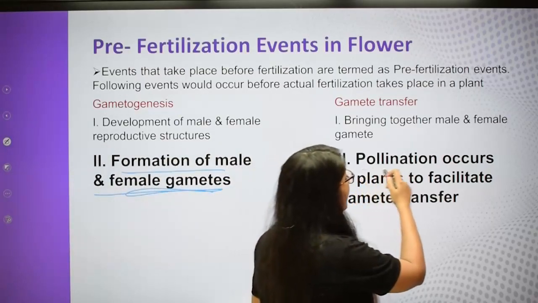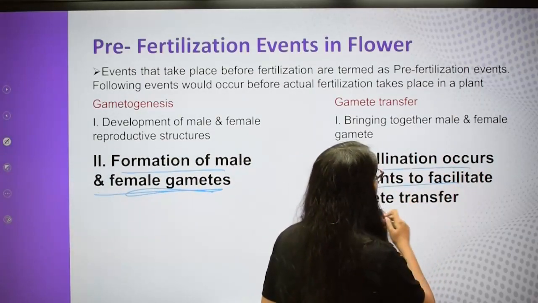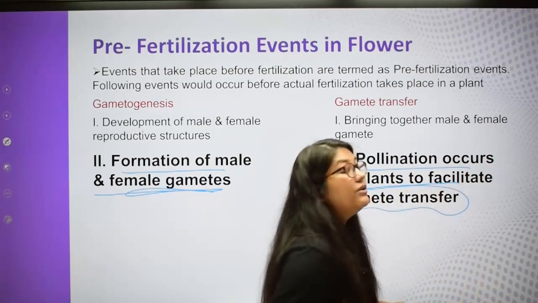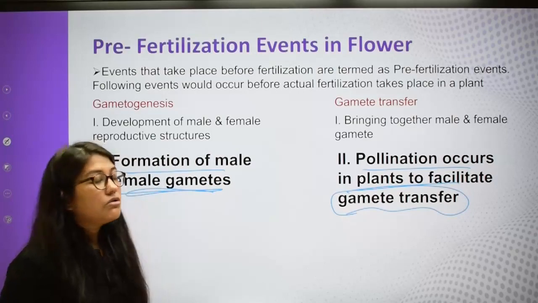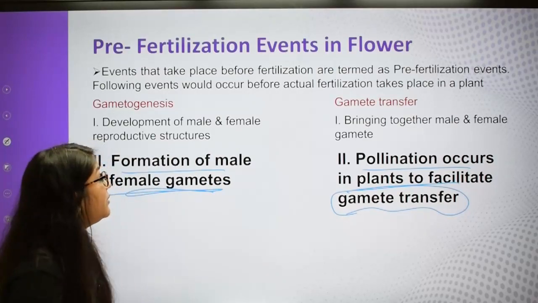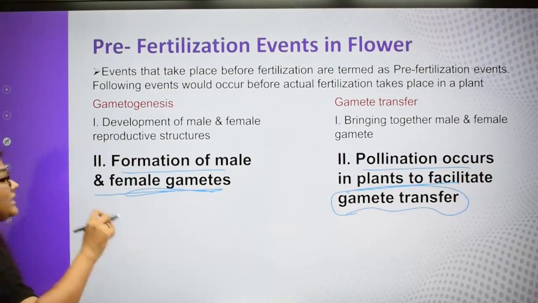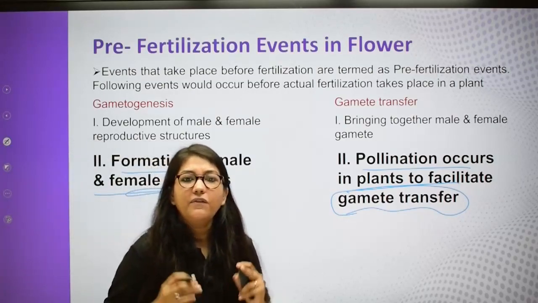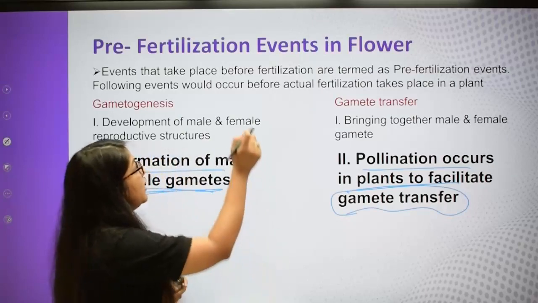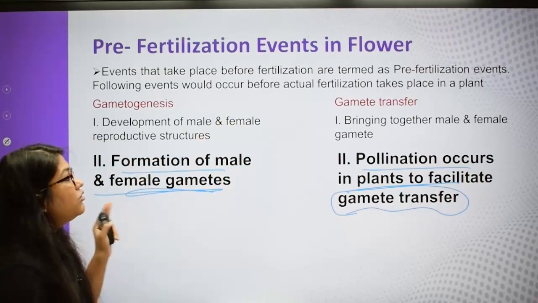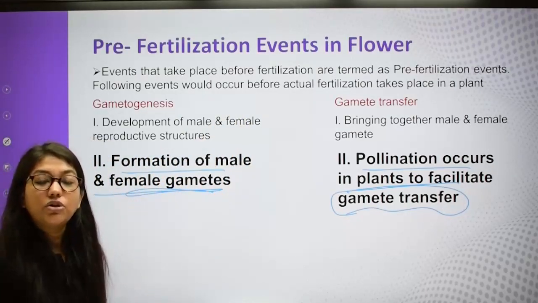Gamete transfer, pollination occurs in these plants to facilitate the gamete transfer, right? There are various agents of pollination also, which we'll be talking about in this chapter. So pre-fertilization events, very simple, the events which happen prior to fertilization, we have categorized into two: gametogenesis and gamete transfer.